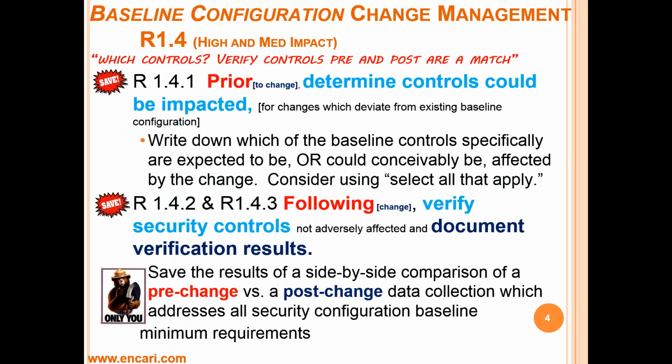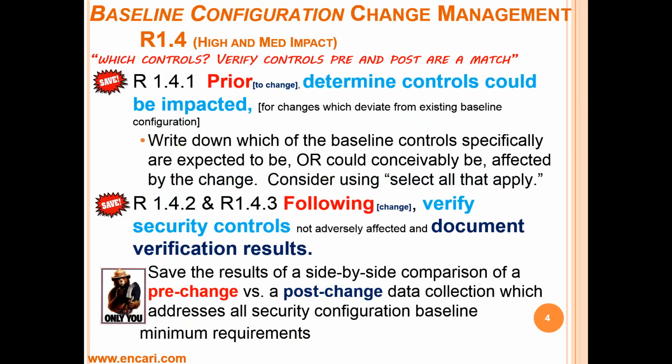Right. Prior to implementing a change where your configuration is going to be modified, best practice is to document which controls may change. The reasoning behind that is, what if your current running config, let's take a Cisco router as an example. The running config is supposed to match a baseline that you may have in a spreadsheet, a database, or whatever.